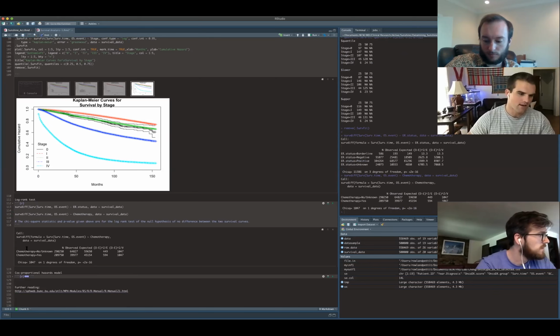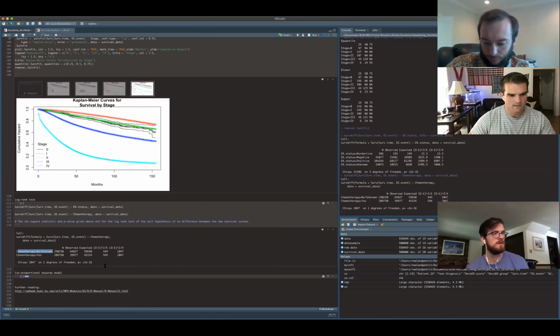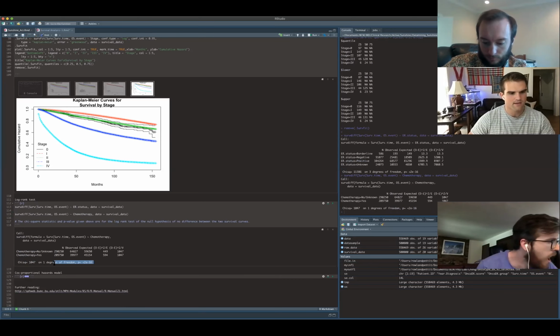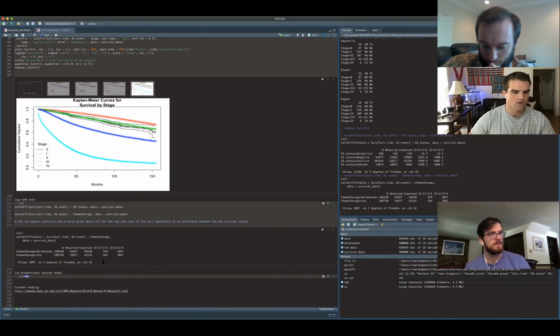And what you can see here is that our function survdiff compared chemotherapy yes to chemotherapy no, and the chi-squared observed minus expected yielded a chi-square statistic of 1047, which with 1 degree of freedom was very significant. So this log rank test ends up becoming a chi-square to help you understand whether curves are different or not.